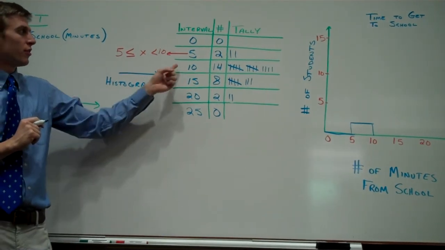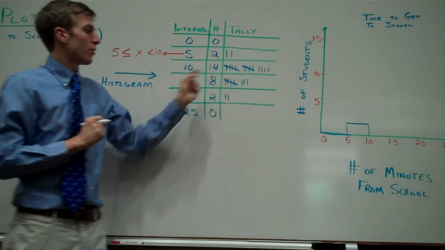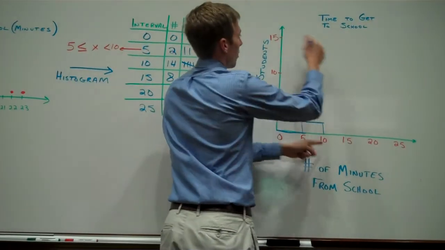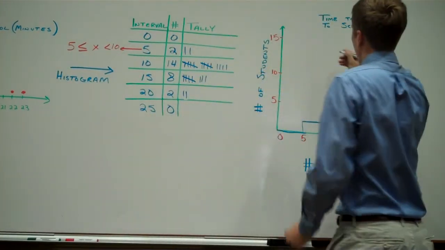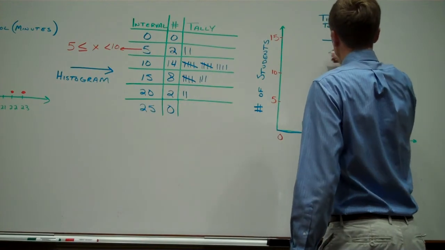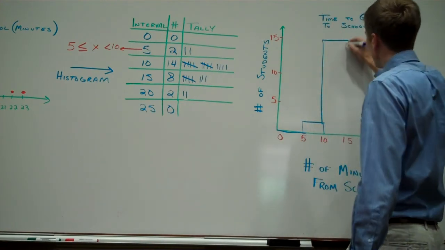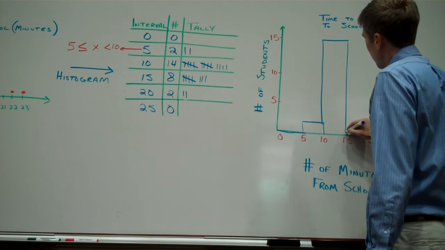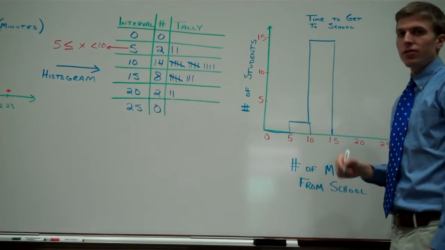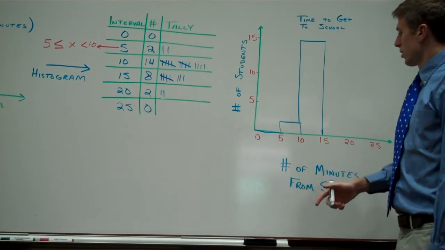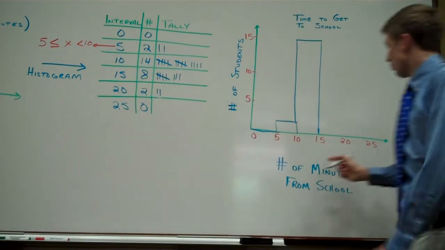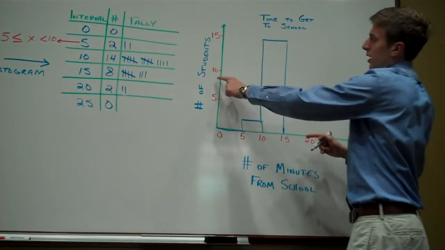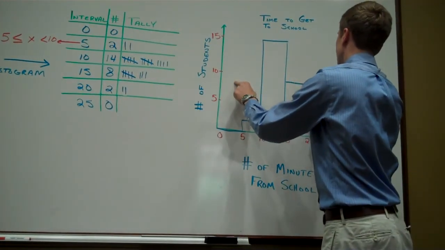Moving along using the same procedure, from 10 to 15, there's 14 students. That's all the way up here. So you draw a much bigger rectangle in this case because there are many more students. It's a higher frequency. From 15 to 20, I have 8 students. 8 would be approximately right here.